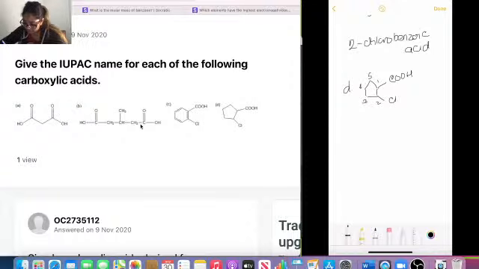Since our substituent here is chlorine, and since this is a cyclopentane, we would write this as 2-chlorocyclopentane, and we would actually name the substituent here as pentanoic acid.